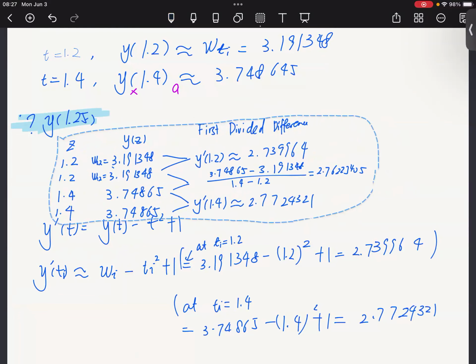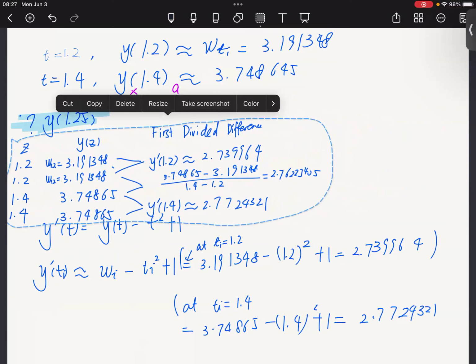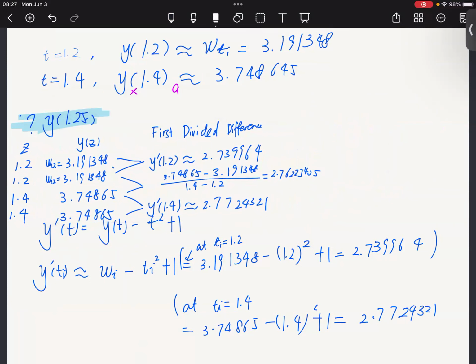This is the first divided difference, and then you can proceed with the same things as you learned in 104A, and then you can finish the second column, the second divided difference here. And so this is the difference between these two.